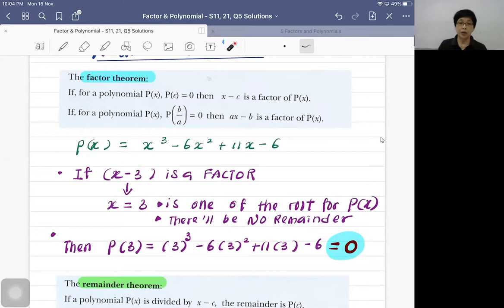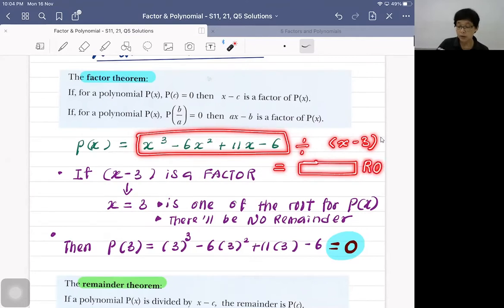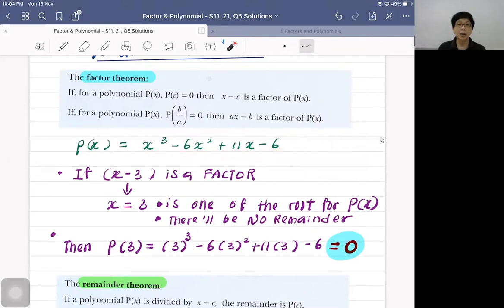In other words, if you take this cubic function and divide it by x minus 3, you are going to get a quadratic function and a remainder of 0. That is what the factor theorem shows us.